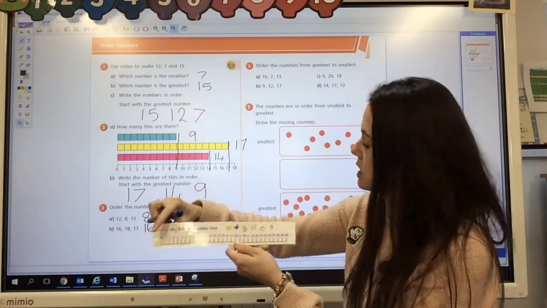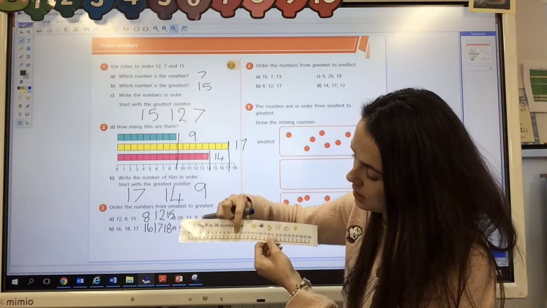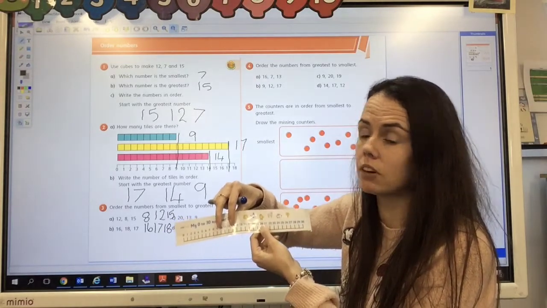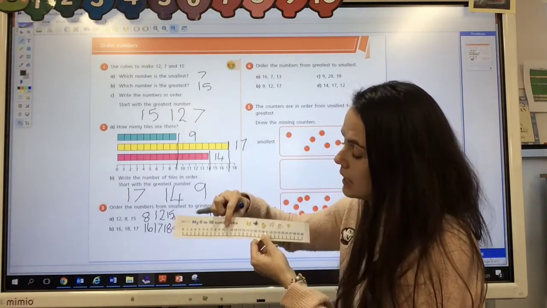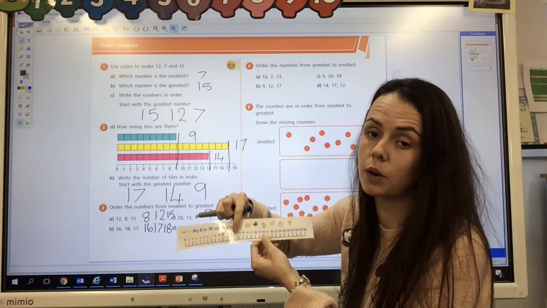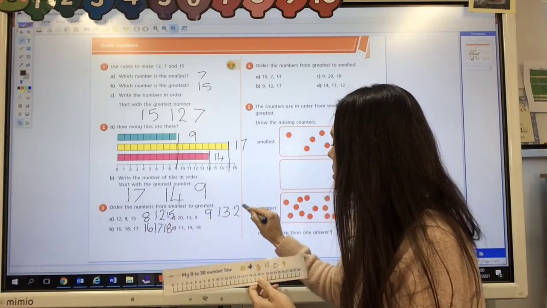We've got, oh this is tricky, we've got 20, 13, and 9. Now which one's closest to 0? 9, well done. And then which one's next? So we've got 13 and 20. Which one's closest to 0? 13, which means 20 must be last.